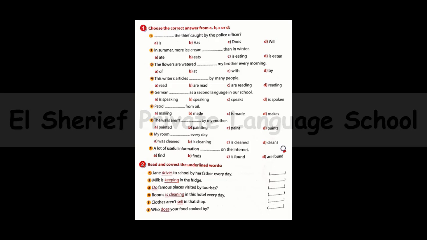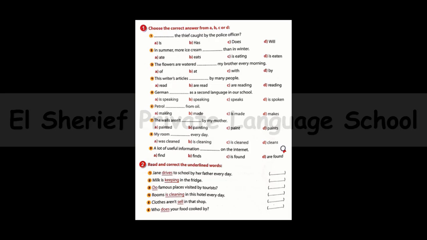Now number 6, petrol is made from oil, and it will be, yes, petrol is made from oil. Let's move on to number 7. The walls aren't painted by my mother. So the walls aren't painted by my mother. Number 8, my room is cleaned every day.